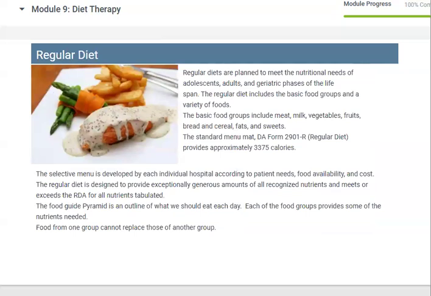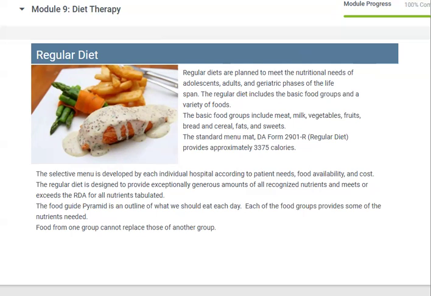Regular diet. Regular diets are planned to meet the nutritional needs of adolescents, adults, and geriatric phases of the lifespan. The regular diet includes the basic food groups and a variety of foods. The basic food groups include meat, milk, vegetables, fruits, bread and cereal, fats, and sweets.